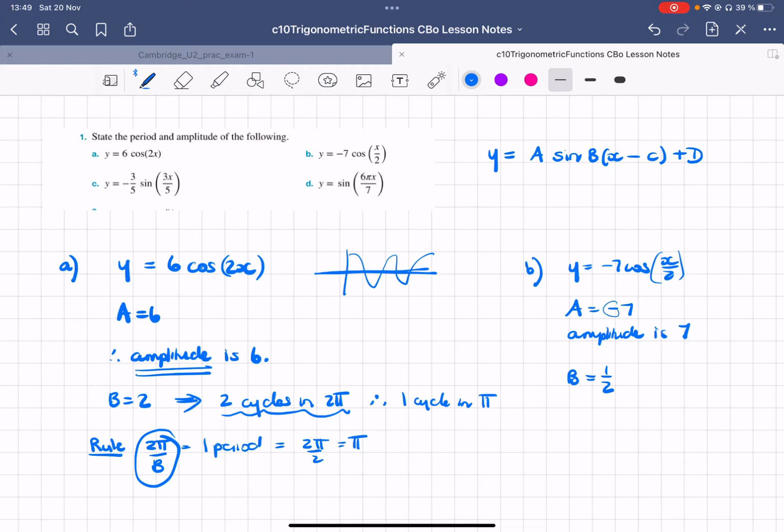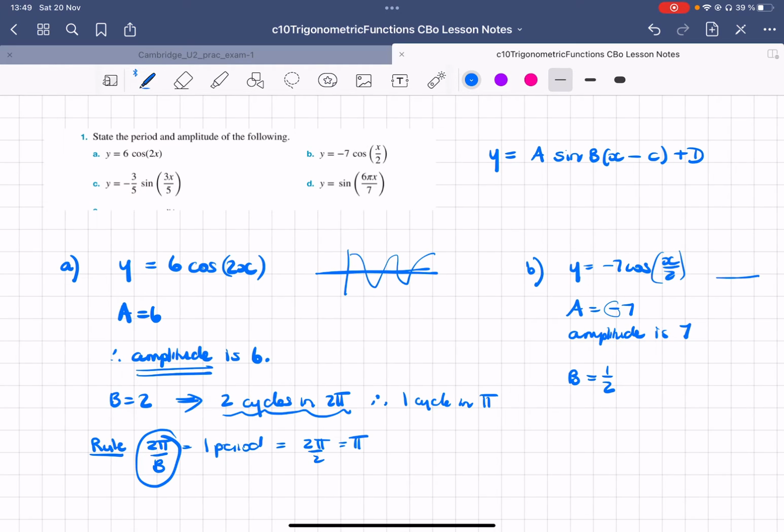What the negative tells me is that instead of cosine starting at the top, it actually goes down first. b is a half, so that's half a cycle in 2 pi. So if I want 1 cycle, it'll be 4 pi.